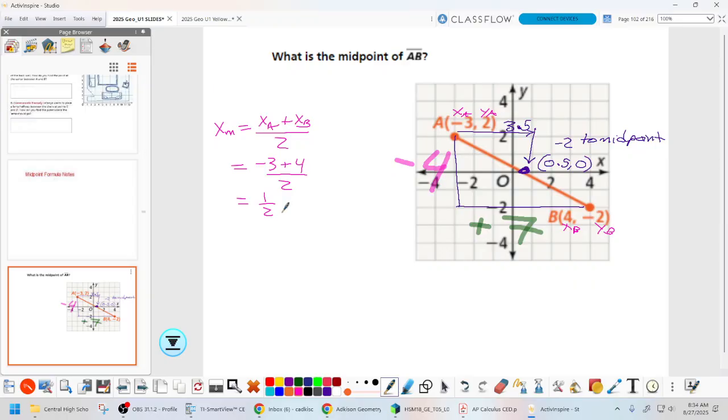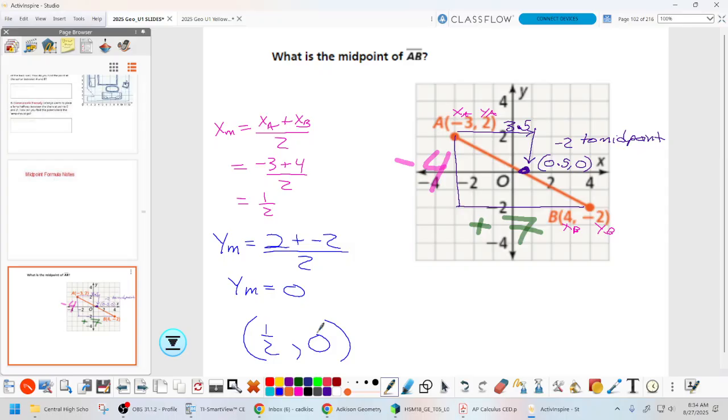And we said 0.5, but that's the same thing. Okay, and then the y coordinate of the midpoint, YA, that was 2, YB plus -2, so that is 0. 2 plus -2 is 0. Okay, and then we give our coordinates, like I did up there, as a coordinate pair, which was 1/2, 0.